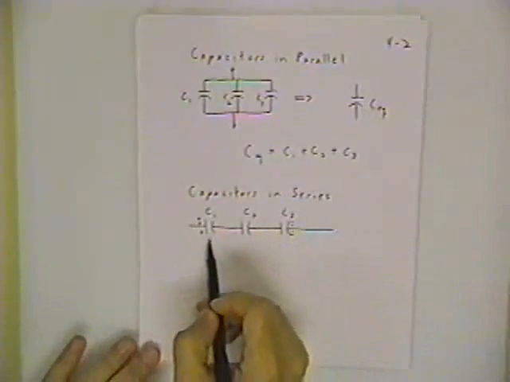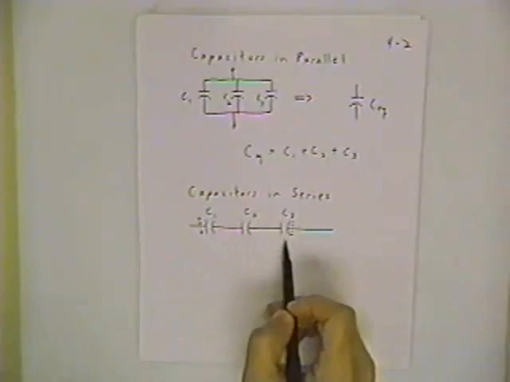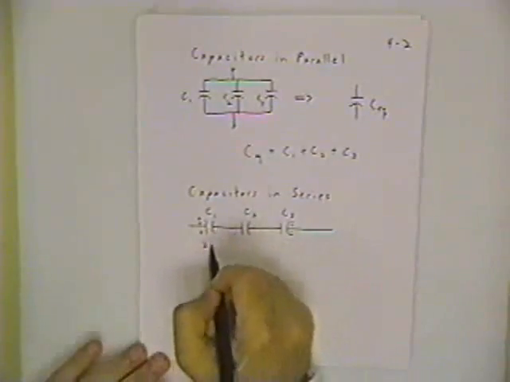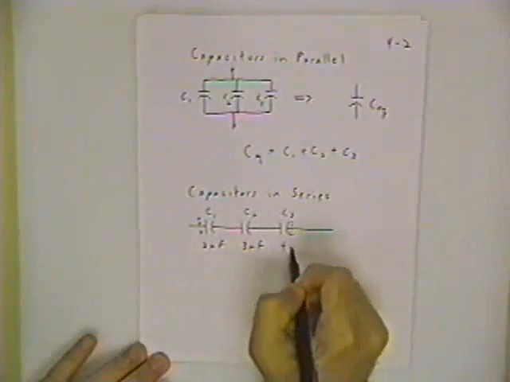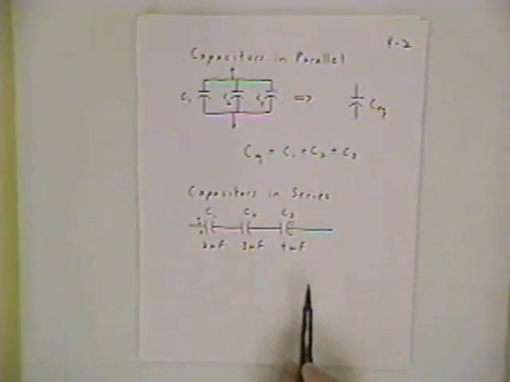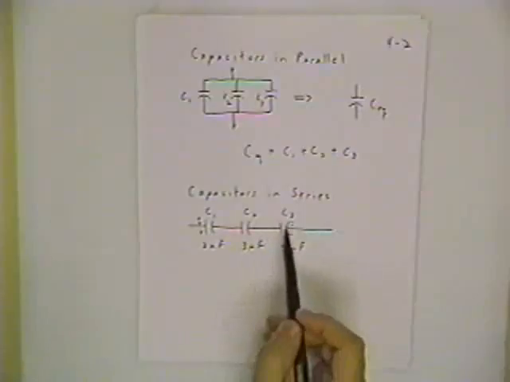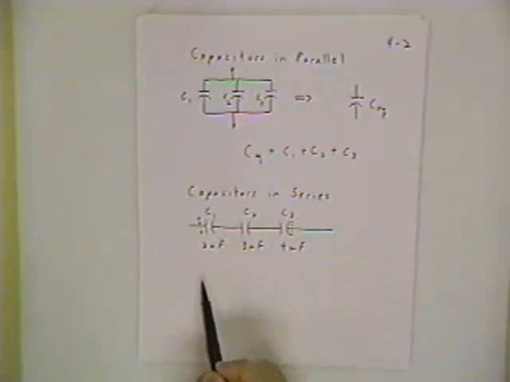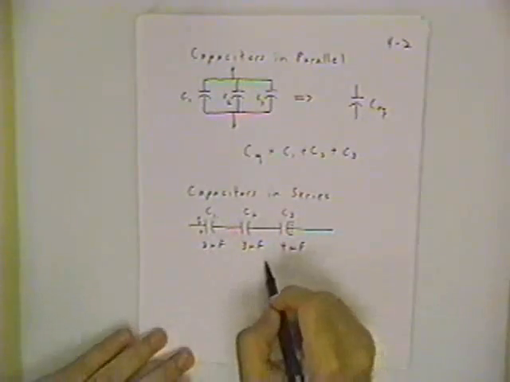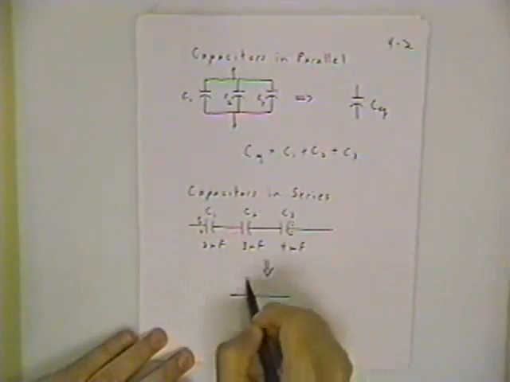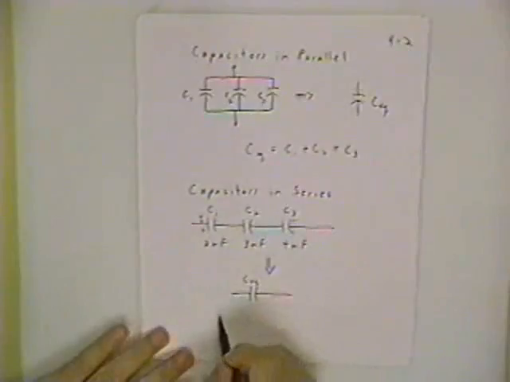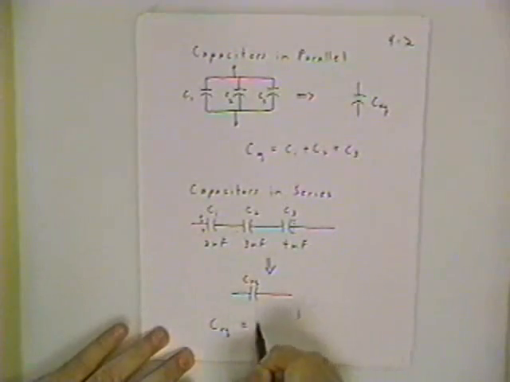So if this is a 2 and a 3 and a 4 millifarad capacitor, let's just put that in for a concrete example, then I know without even calculating it that the equivalent capacitance is going to be less than 2 millifarads. And the equivalent capacitance you calculate with an inverse rule, very similar to resistors in parallel.